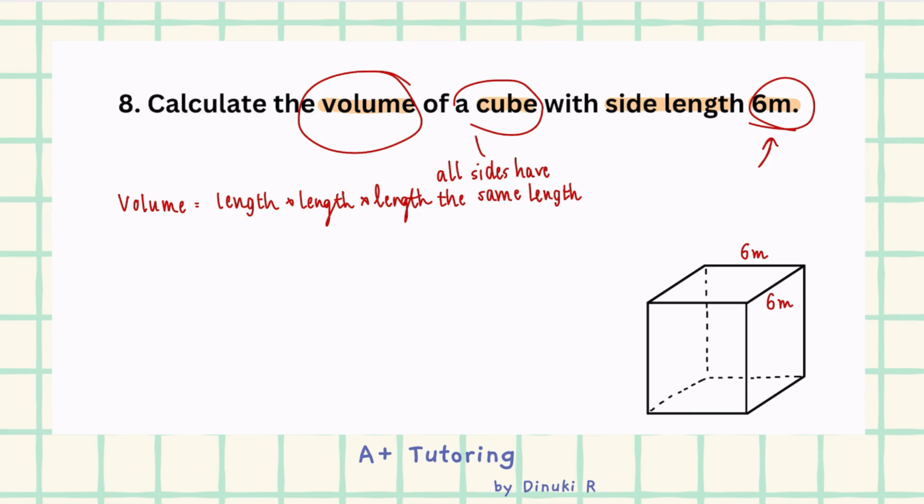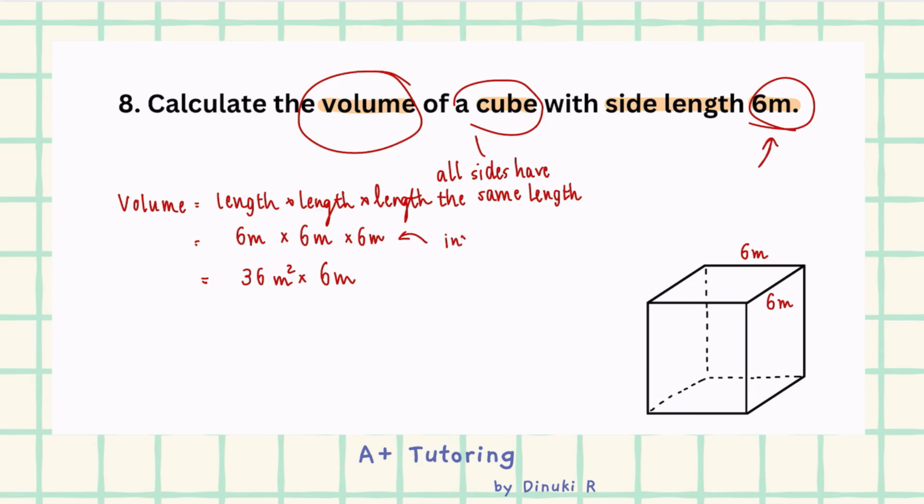It's going to be the same number. And we know that each of these sides is 6 meters, so it's 6 meters by 6 meters by 6 meters, which means it's 36 meters squared by 6 meters, right?